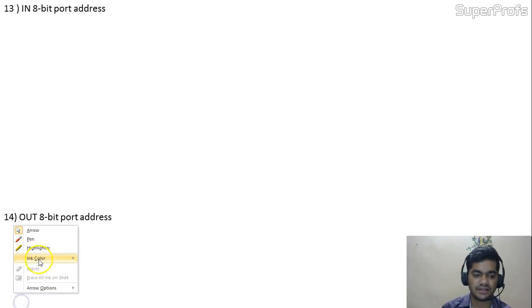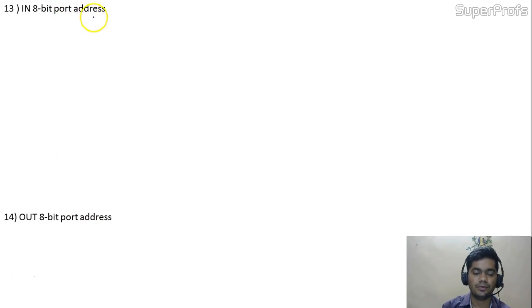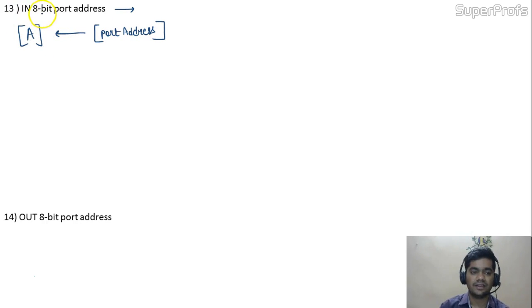Now the next operation that we are going to see is IN 8-bit port address. What is it doing? Whatever data is present in the input port address would be transferred to the accumulator. It is very important that whatever content is present in the input device would first be transferred to the accumulator only. The number of bytes involved would be 2 bytes, because if we take the example IN 83H, there is an 8-bit content, so the length of the instruction is 2 bytes.